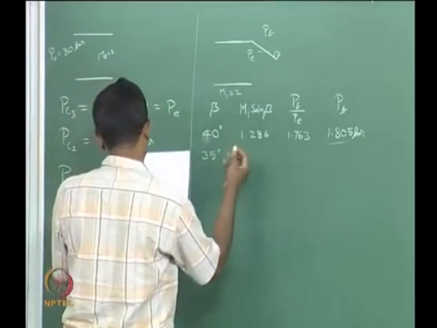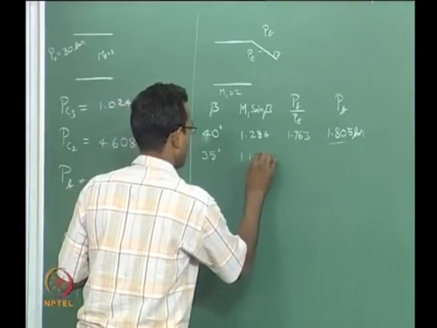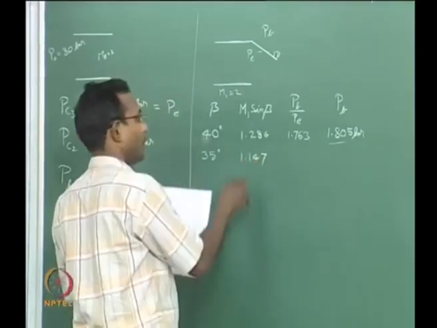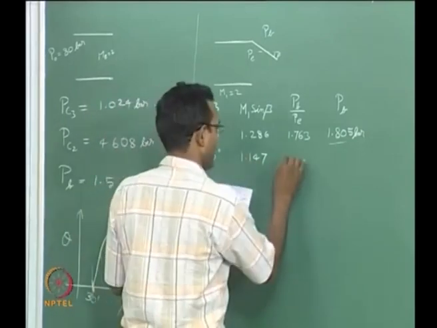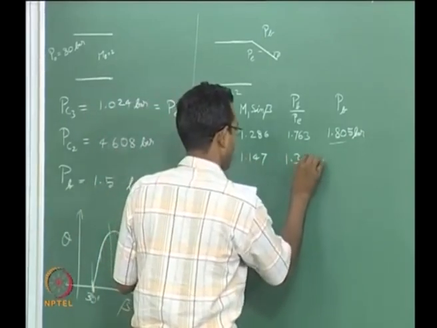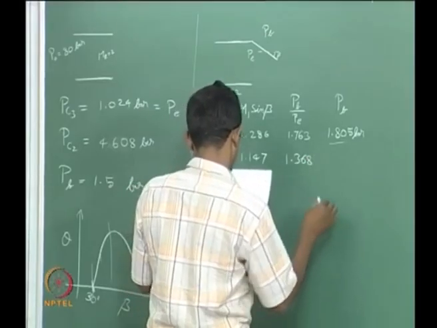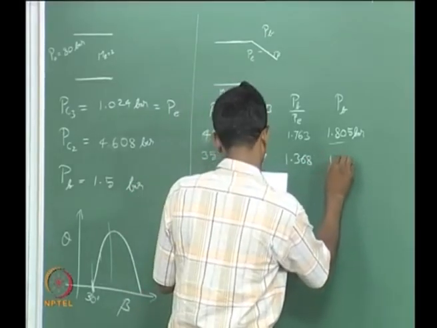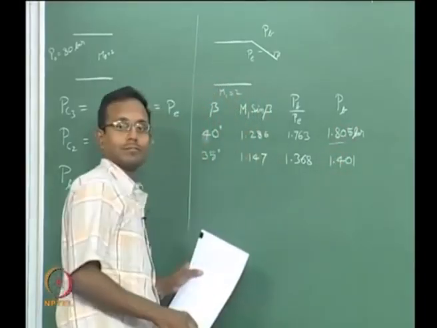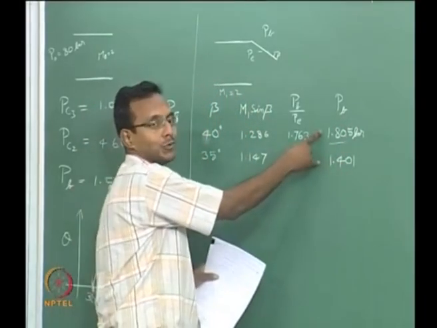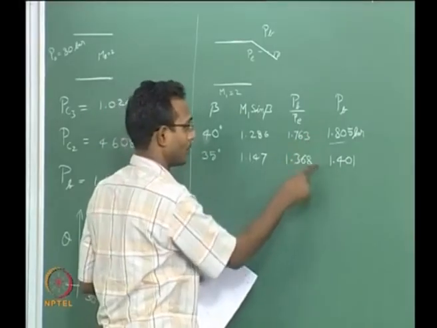So for this, M1 sin beta is 1.147. And I go look at normal shock tables, again the gamma equal to 1.4 table, I get that value 1.368 and my pressure happens to be 1.401. So I am close. Now I know the answer is in between these two numbers and closer to the bottom number.